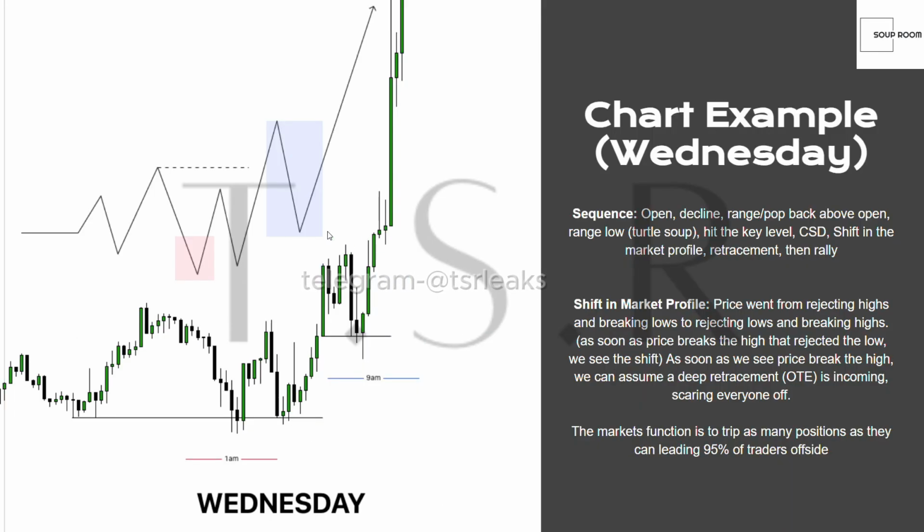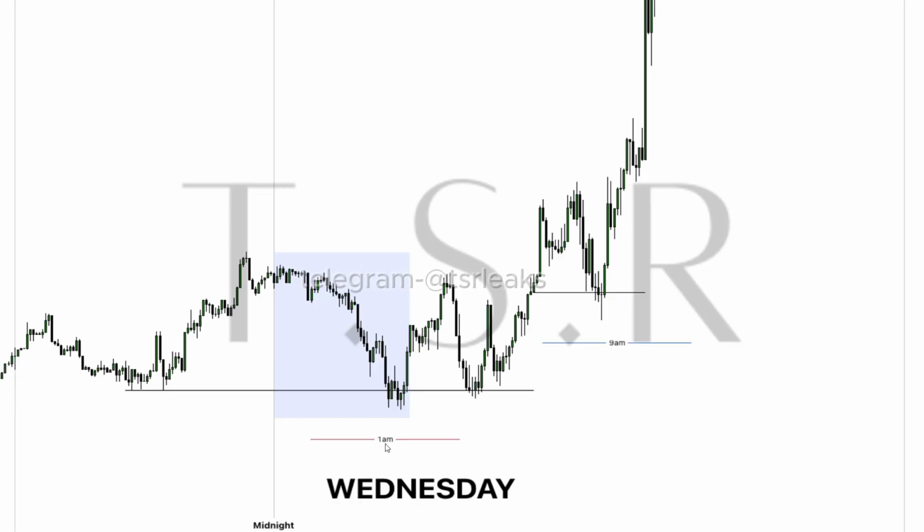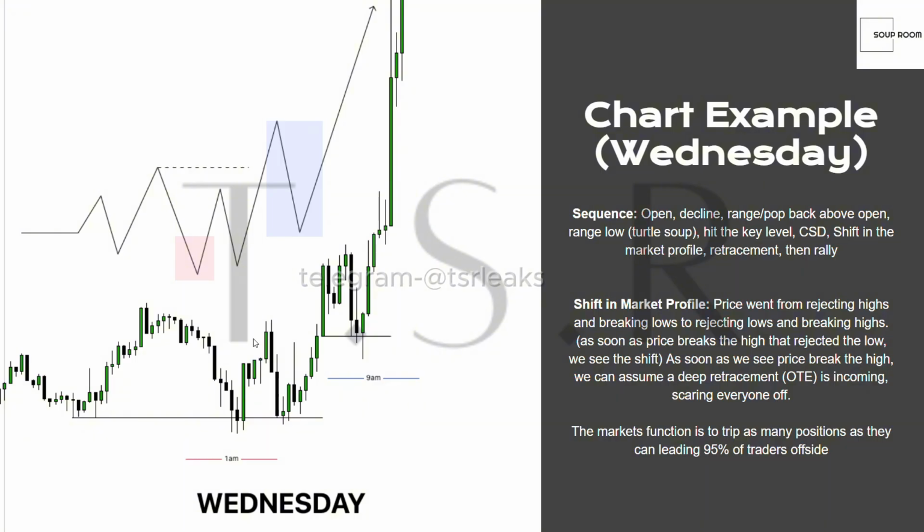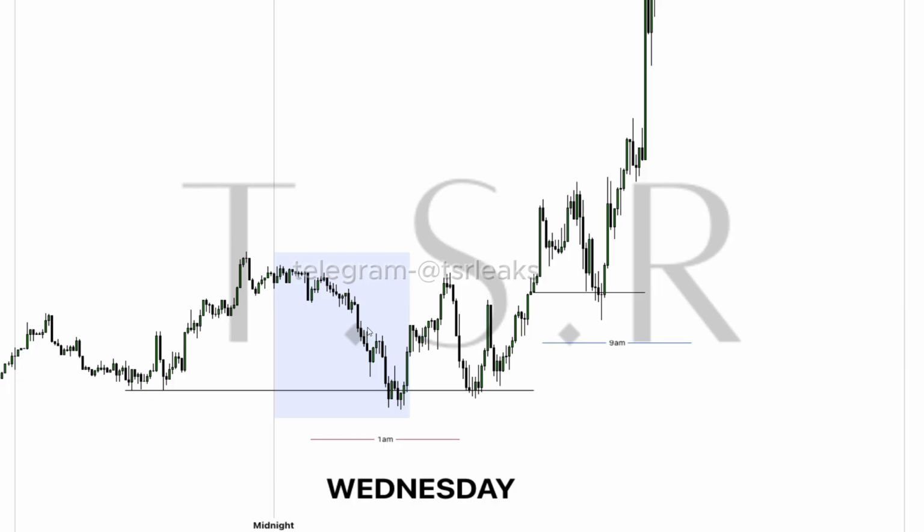I want to point something out here. The change in state of delivery on a higher time frame right here is a market structure shift on a lower time frame right here. So the higher time frame's market profile shift happens right here, the real market structure shift.